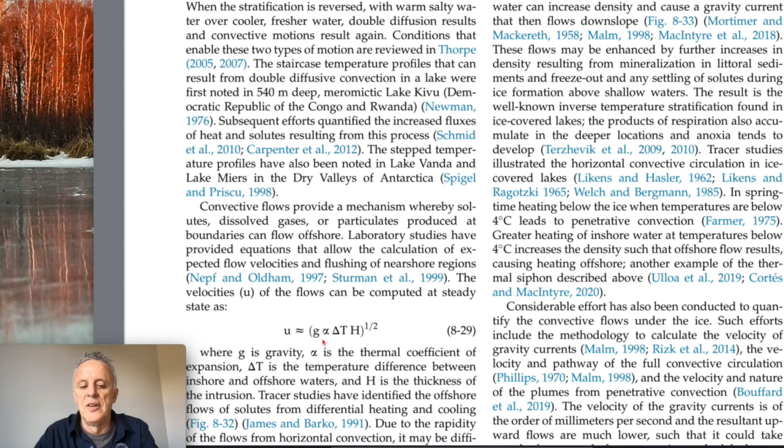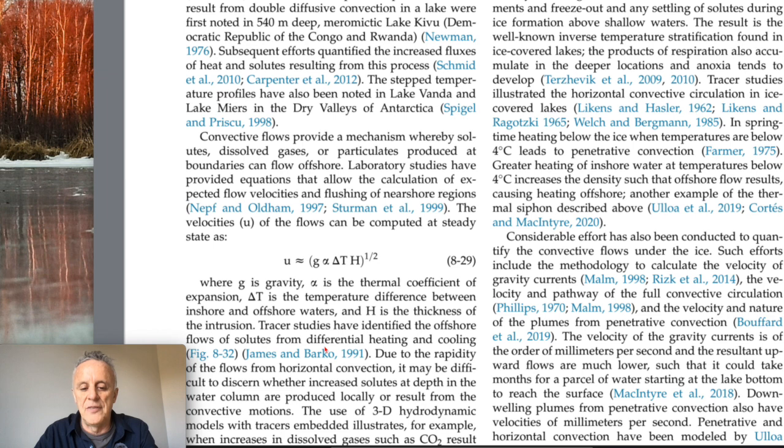The velocities U of the flows can be computed at steady state as U approximately (g alpha delta T H) to the power one half, where g is gravity, alpha is the thermal coefficient of expansion, delta T is the temperature difference between inshore and offshore water, and H is the thickness of the intrusion, and all of this to the power of one half, which is, in this case, the square root.